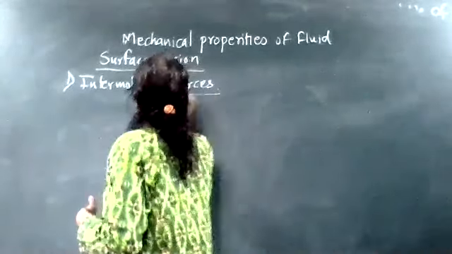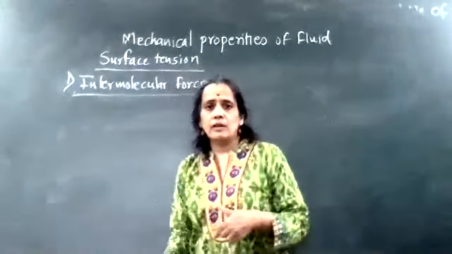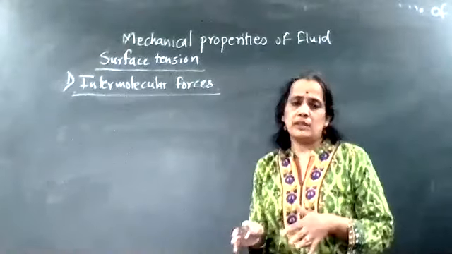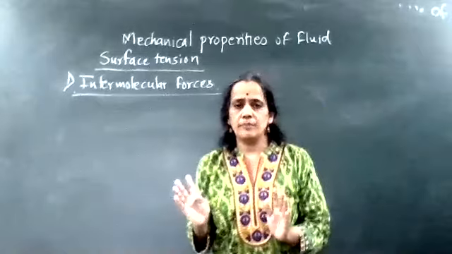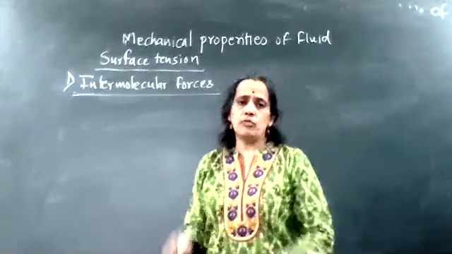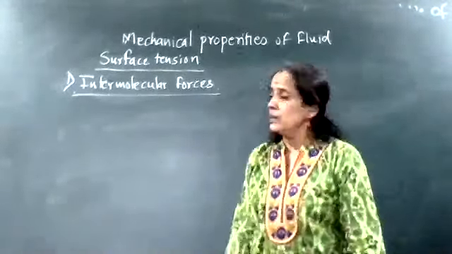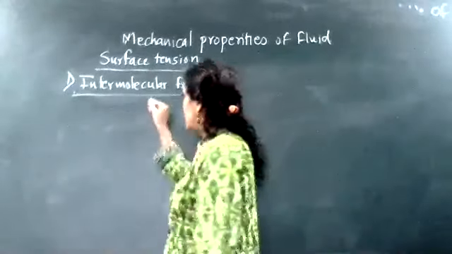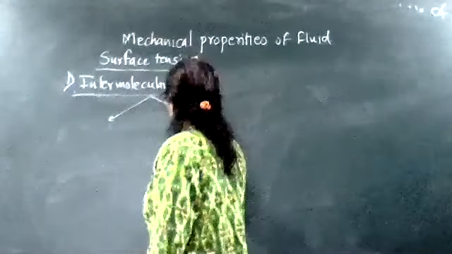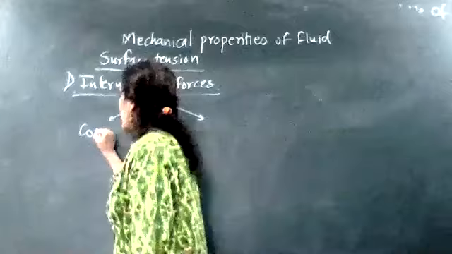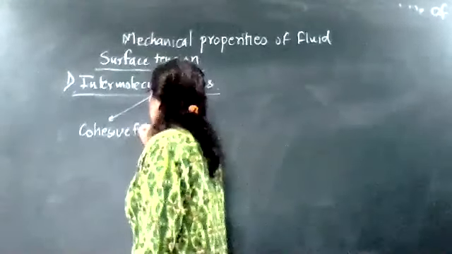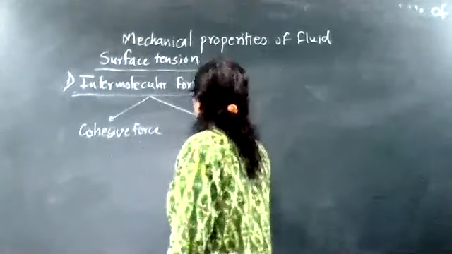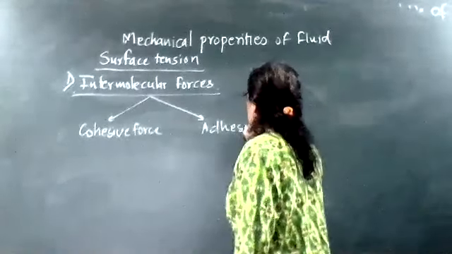We know that in the case of liquid, intermolecular forces are weak. That's why liquid can flow. Now these intermolecular forces are of two types. One is called a cohesive force and another is called an adhesive force.